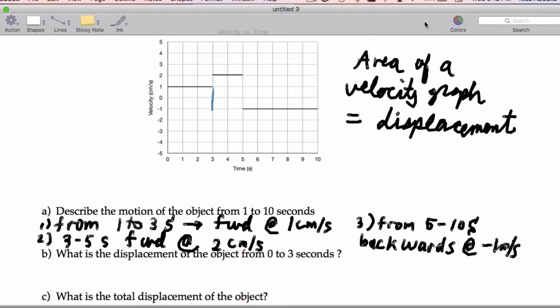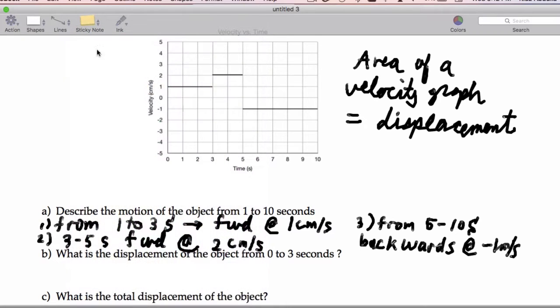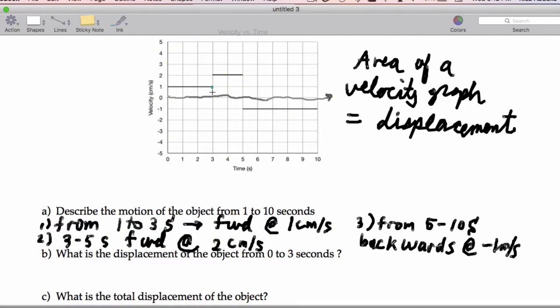By the way, I need to be really careful about where I'm drawing my line. The horizontal line that I want to use for this area is the 0 mark, this axis here. The horizontal axis is right there. So when I'm taking the area from 1 to 3 seconds, it's going to be this part right here.